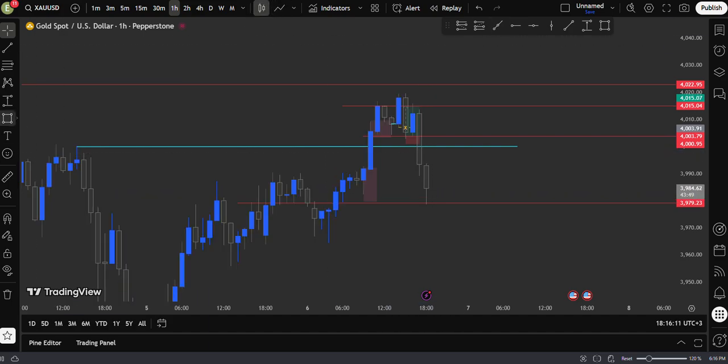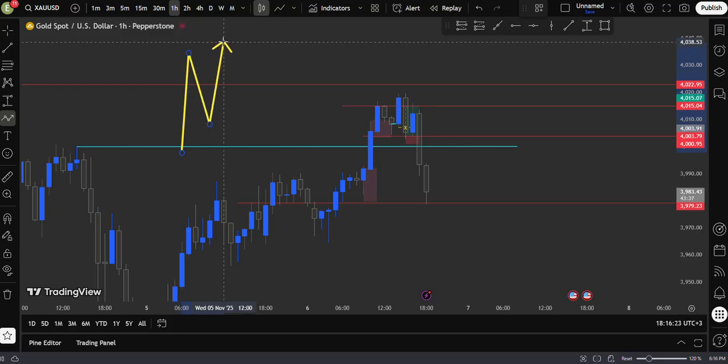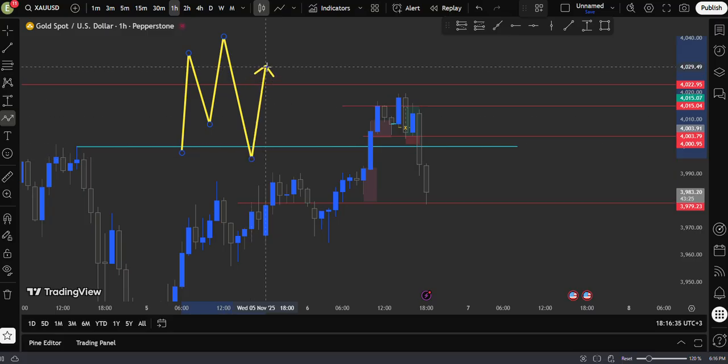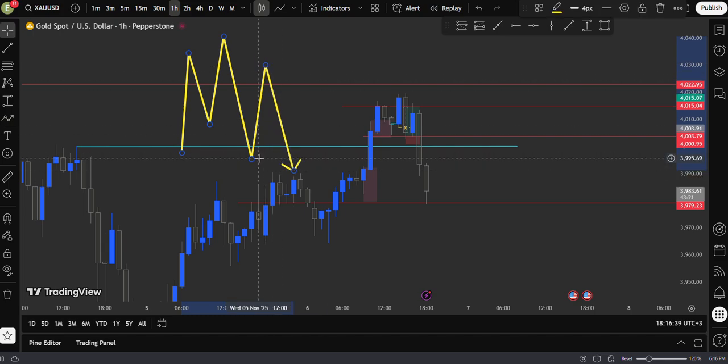What's a left shoulder? If the market is going like this, and it makes a market structure shift, then we expect the market to come tap there and deliver here.